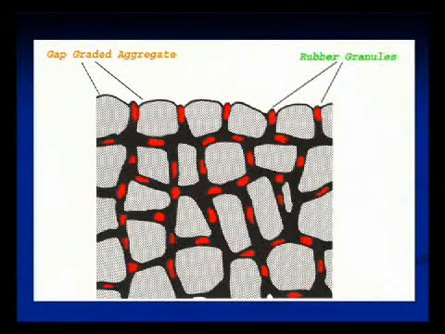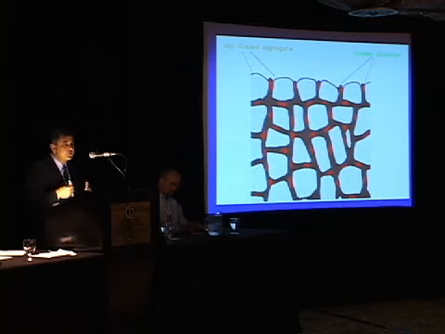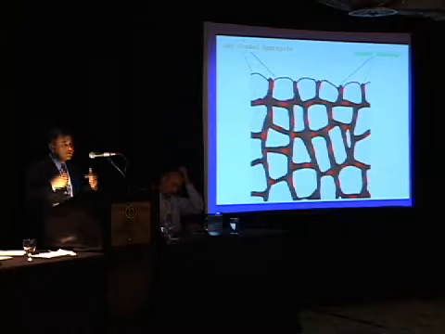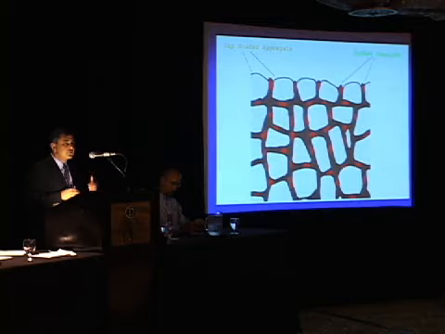If you get rubber-to-rubber contact, sometimes you're going to see premature potholing. That's an area where you're going to see potholing. So we as rubber producers know what we have done, and we should take responsibility for the type of rubber we're producing. Producing crumb rubber for asphalt is a technical subject.